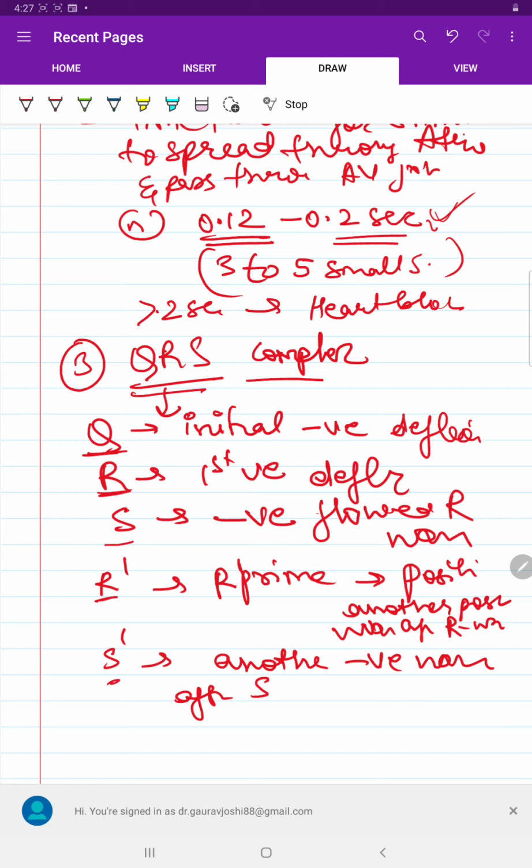There are many forms of deflections we will encounter. So first we are taking up the normal things.